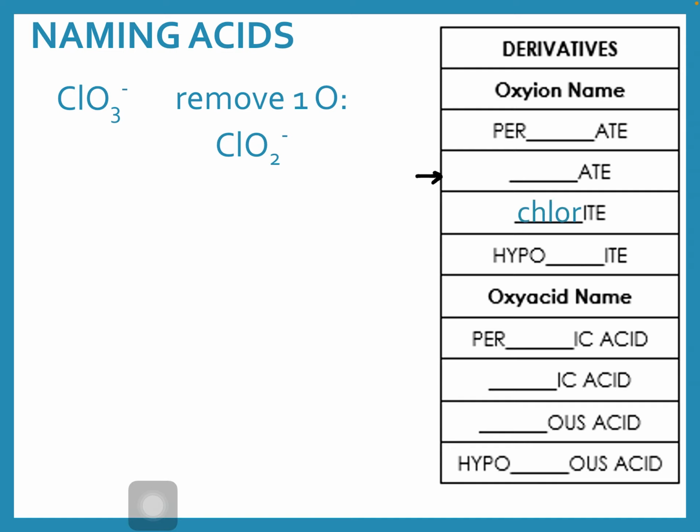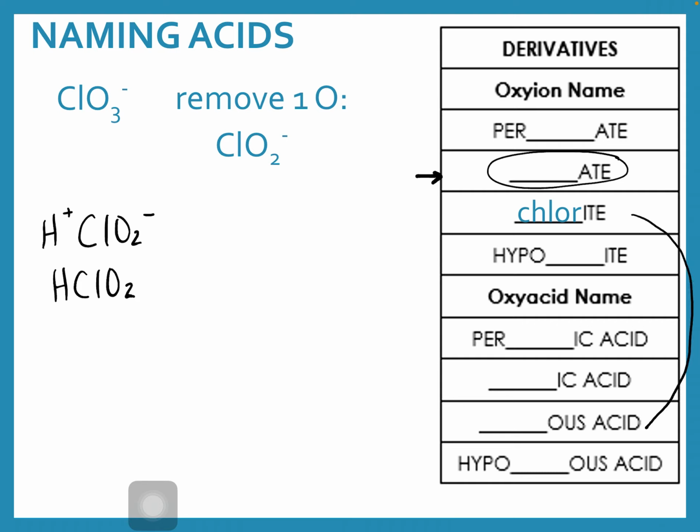So ClO2 minus is chlorite, so one less oxygen than the chlorate. When I pair that with hydrogen, then I get HClO2, so that's now an acid. So the oxyacid name for chlorite would be chlorous acid.